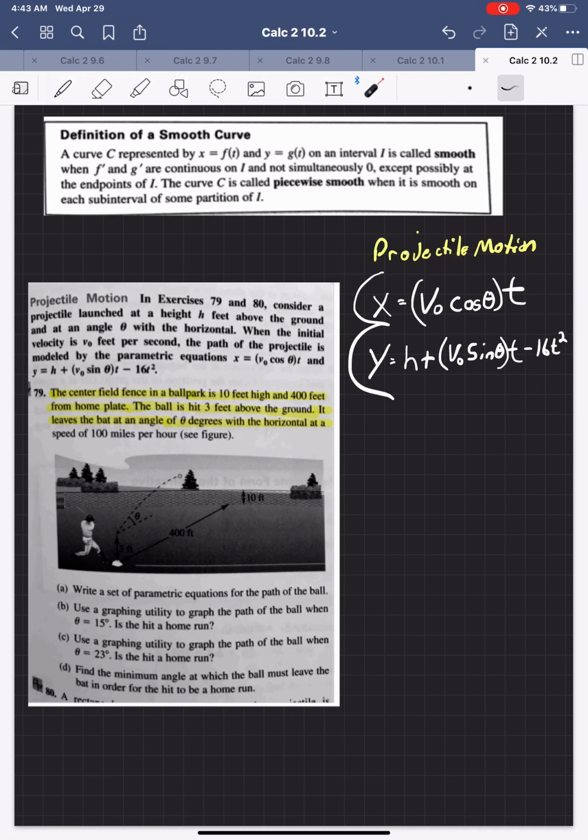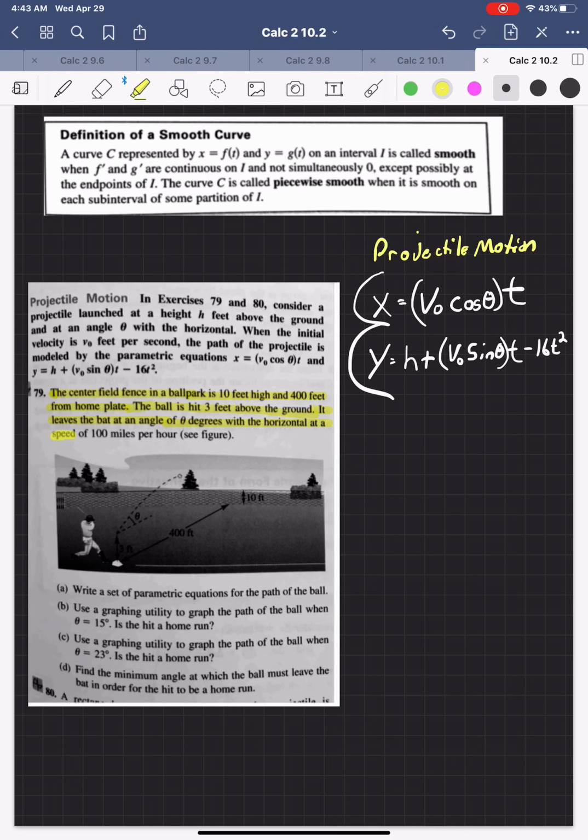The angle theta that this baseball makes, you could say it's with the horizon, because if this is the horizon, this is the angle made with the horizon. You could also think about it from the ground. For right now, we're just going to call it theta.